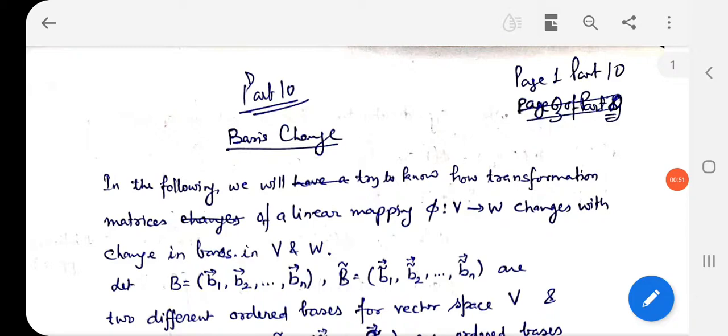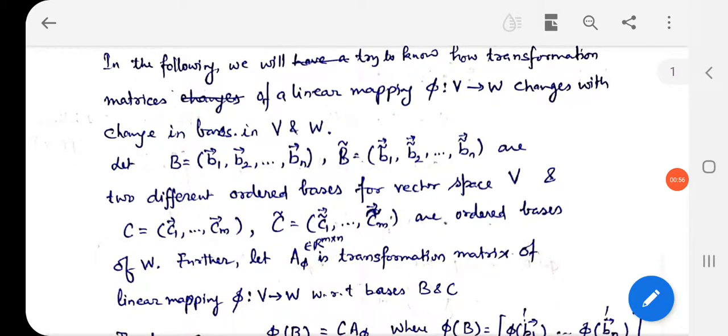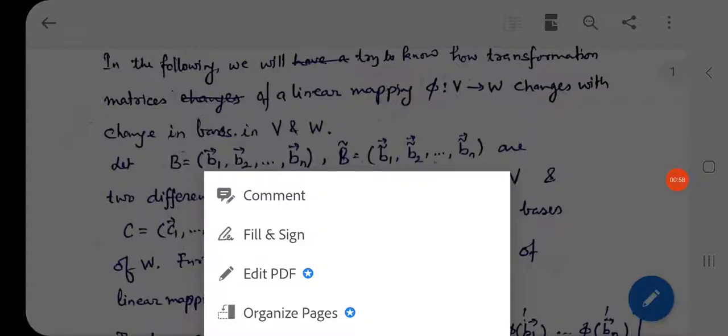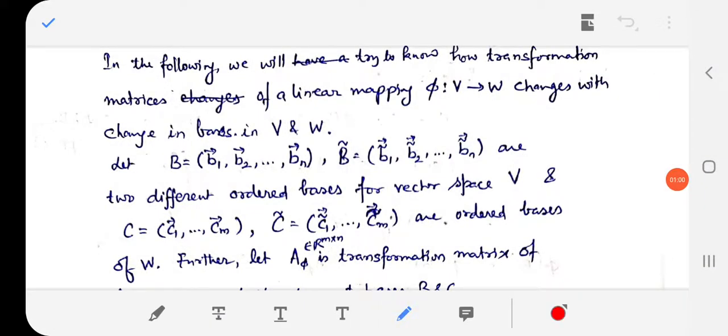Now in this particular part, we have a mapping from V to W. We want to have a transformation matrix with respect to phi.